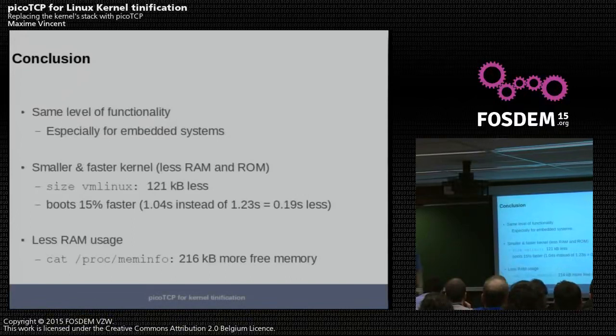And you get less RAM usage, as I said before, but here's one of the figures. I counted proc mem info. You get 216 kilobytes of actual RAM that you can use more. Okay, on this system we had 32 megabytes, but if you're using a board that only has 4 megabytes, then this is really, really important.